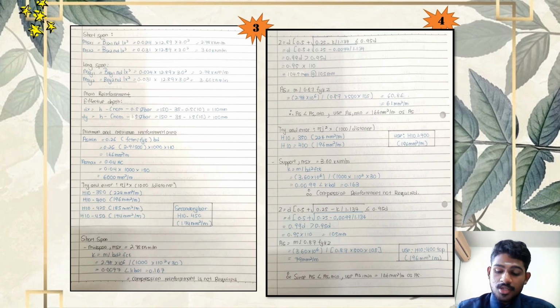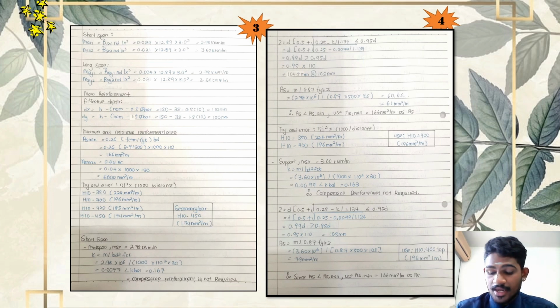So the formula used for As min is 0.26 times bracket fctm over fyk close bracket times bd, and for As max, the formula used is 0.04 Ac.